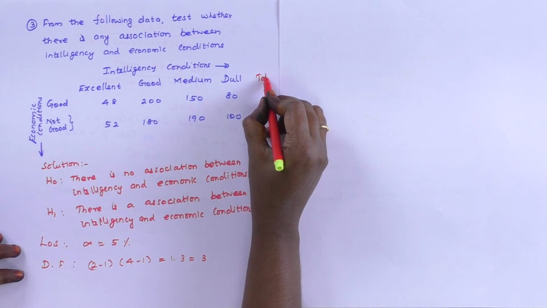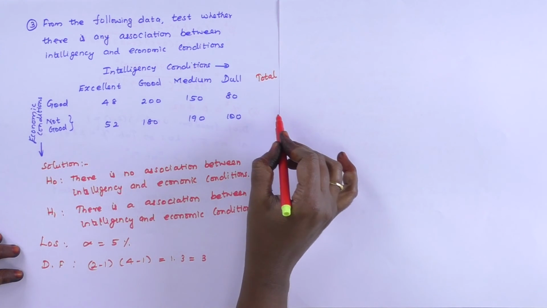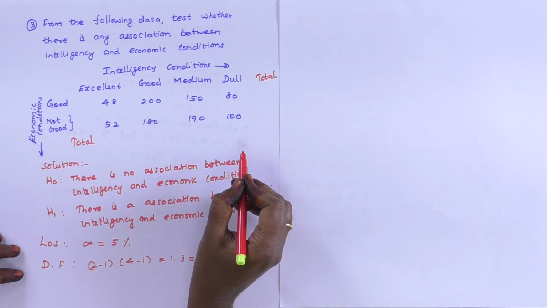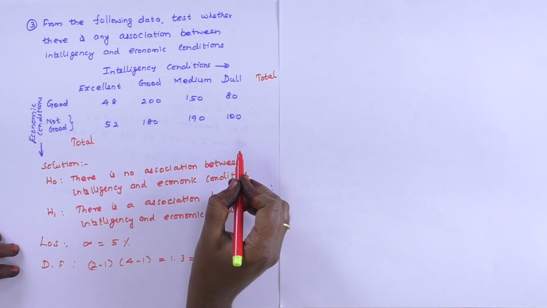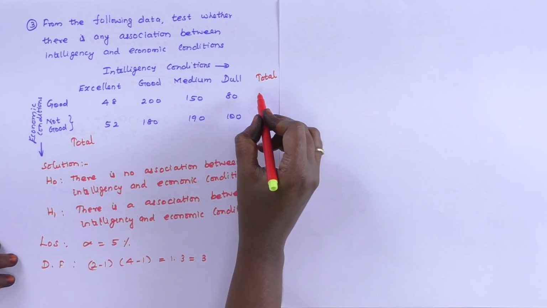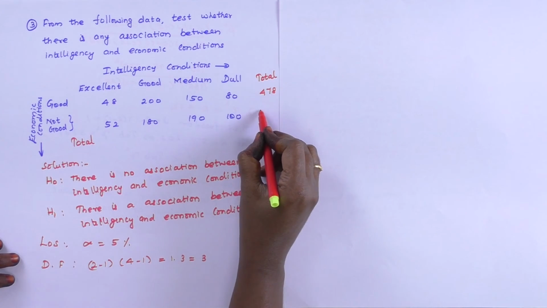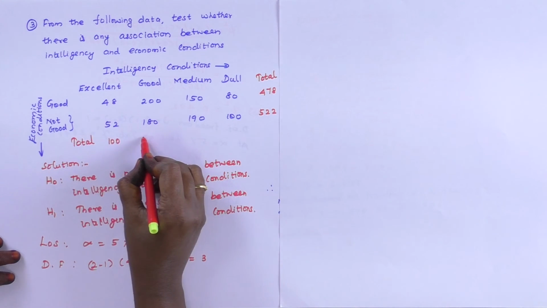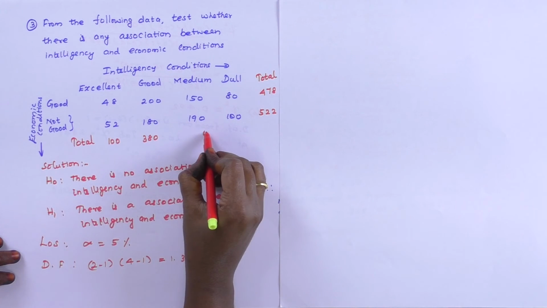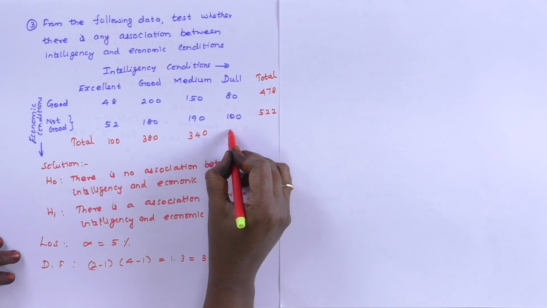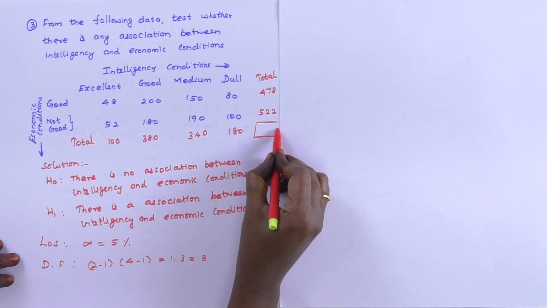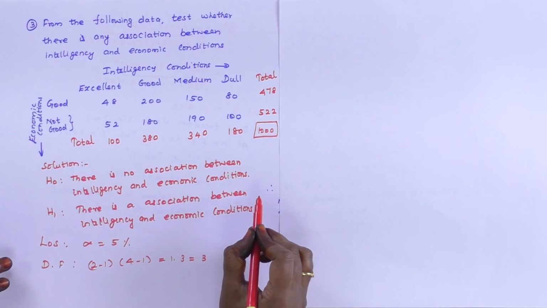Next, we want to calculate the row-wise totals and column-wise totals.